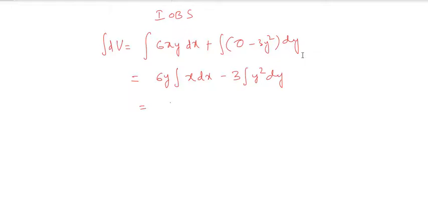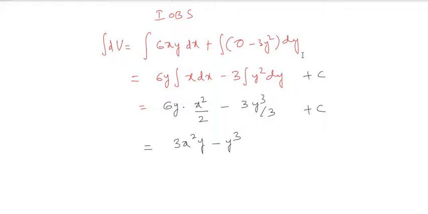Which is nothing but 6y into x square by 2 will be there, then minus 3 into y cube by 3 will be there. So if I simplify, I'll have 3x square y minus y cube. Doing the integration, the constant c will be there. So this is the function v.